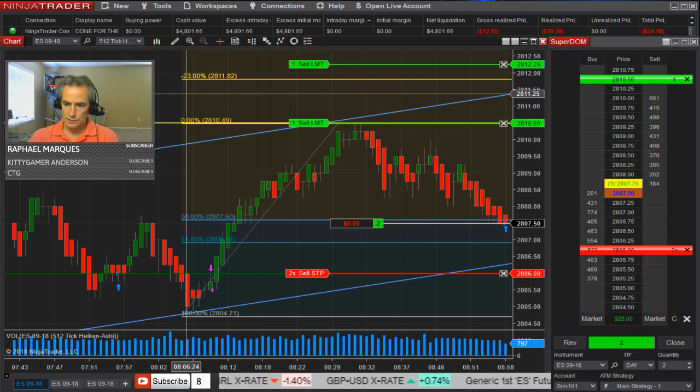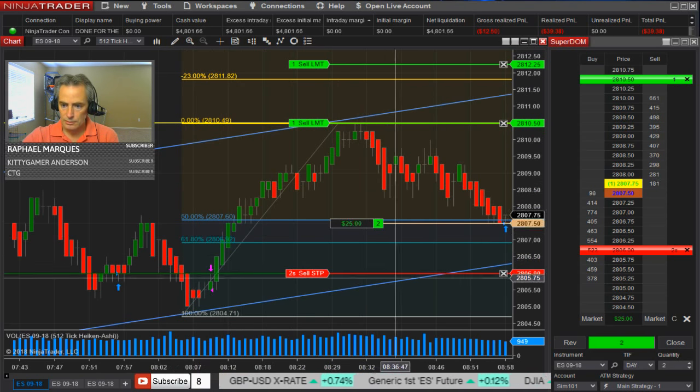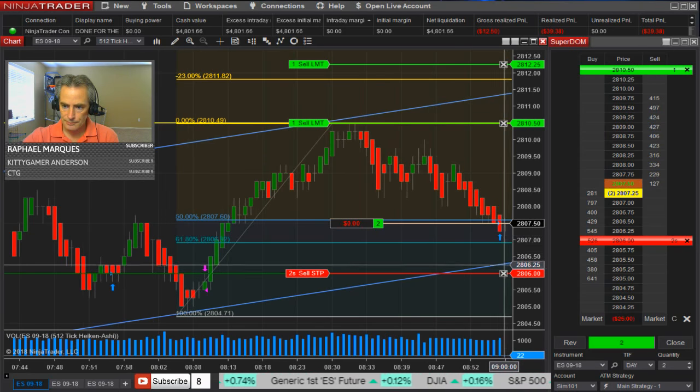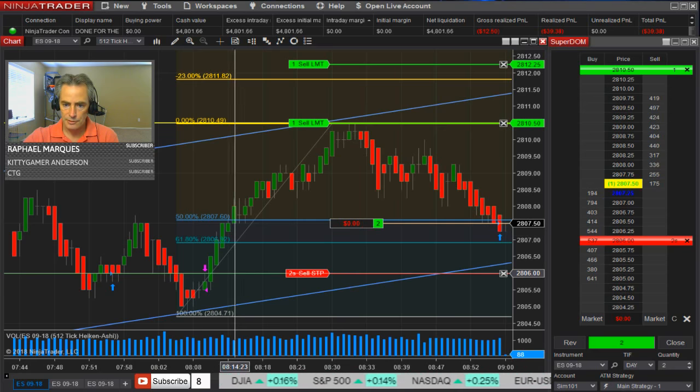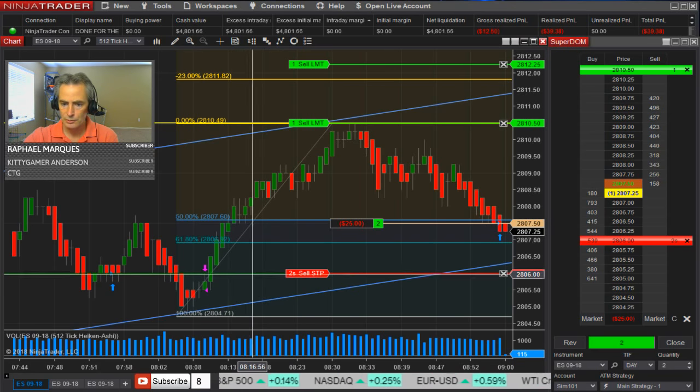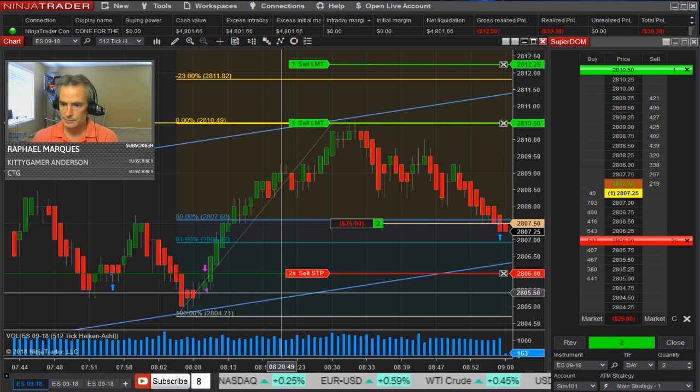You can see where I placed our stop. We're below the bottom of the channel, but we're right at the top of the 30-minute range, which doesn't hold a lot of weight, but it's always a possibility.